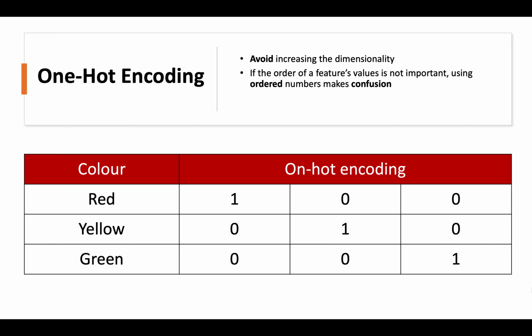If the order of a feature value is not important, using ordered numbers as values is likely to confuse the learning algorithm, because the algorithm will try to find a regularity when there is none, and that may potentially lead to overfitting. What I did here is called one-hot coding, basically transforming the categorical data to the numerical one.